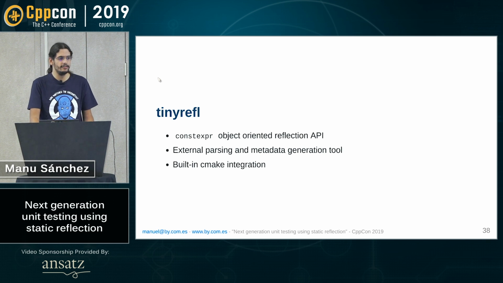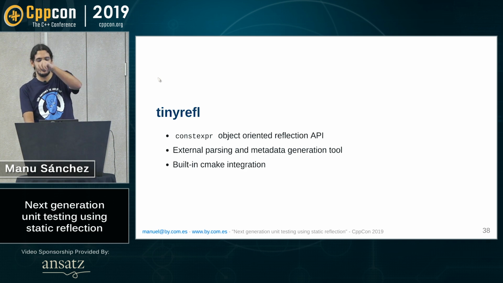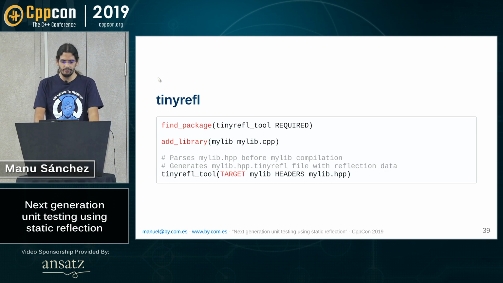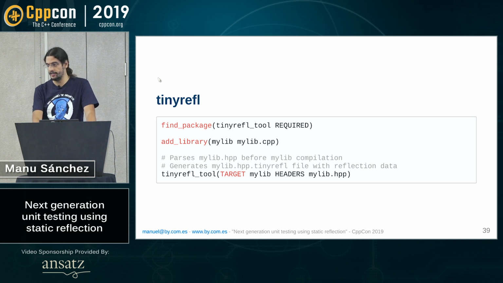Okay, it has a nice CMake module that you can find and directly call, okay, this is my library, I need reflection for these headers. Okay, you only call the module, you define your library, and you tell tinyrefl to run the tool for my library and my headers. Okay, everything else is done under the hood.